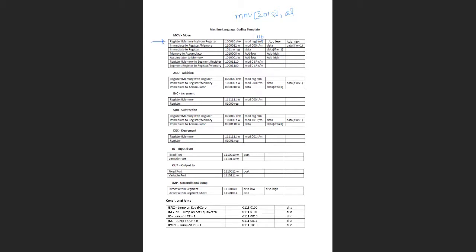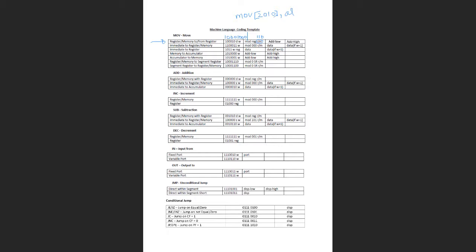What will be the binary code for machine language? 1000010, and then D is 0 as it is from register, and W is also 0 as it is an 8-bit operation.